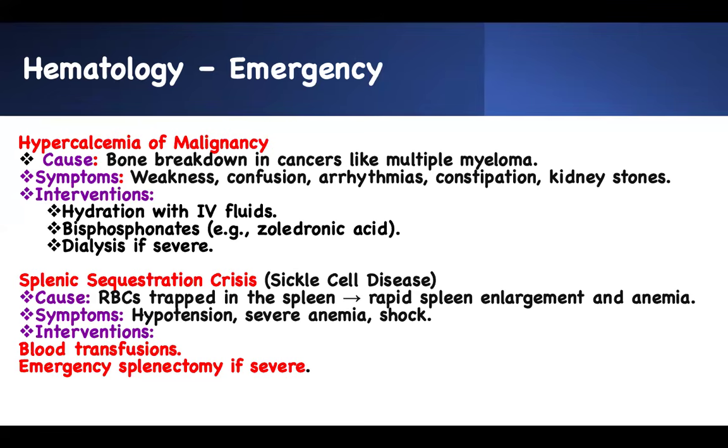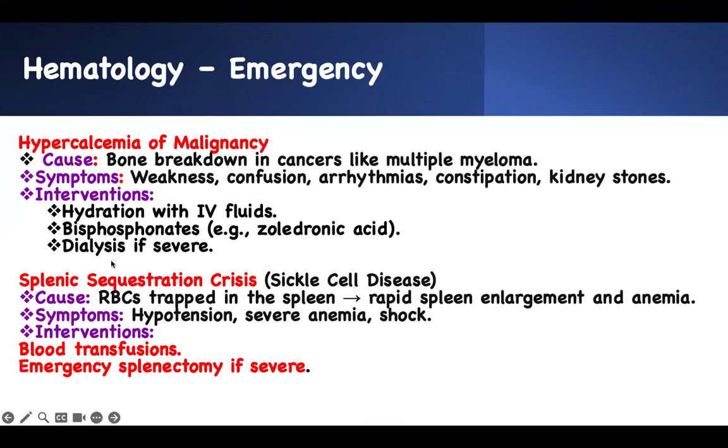What is your number one? Hydration. Wash them out. A lot of fluid, then wash the fluid out with furosemide. So a lot of fluid followed by furosemide, and then the bisphosphonate to prevent bone breakdown.